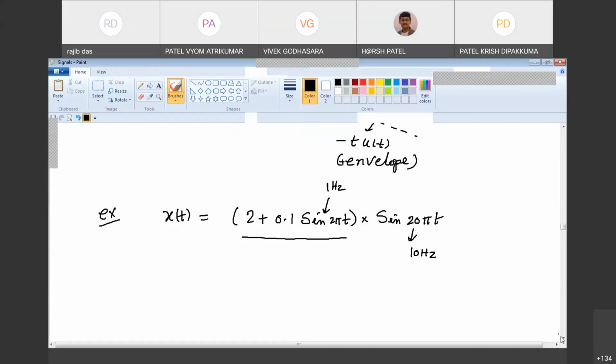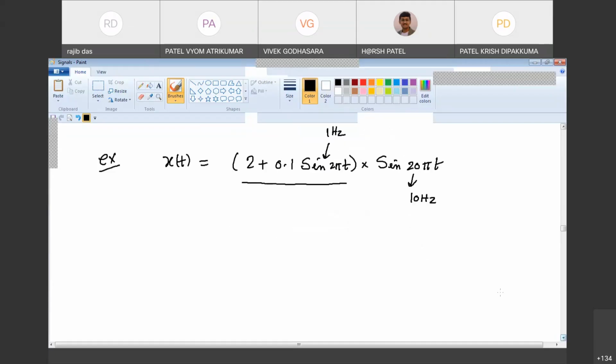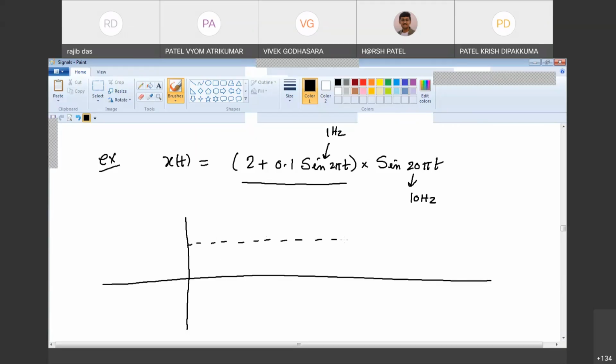Okay, so what is the envelope? First we can draw the envelope. Now this is your 2 level. Is it okay?